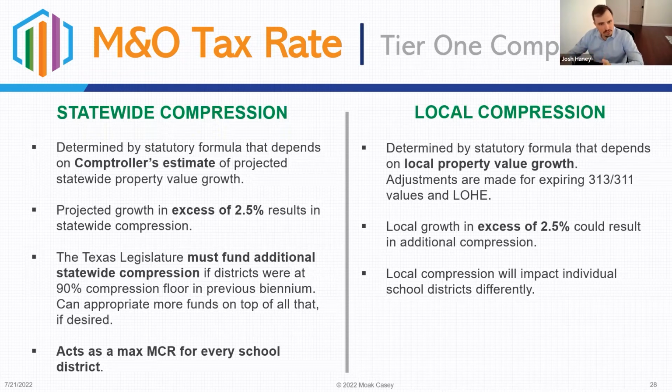But the way the statute's written, it's possible that you could have additional compression if your year-over-year value growth is north of 2.5%. And as y'all are aware, this local compression is going to impact each district differently. If your values are growing relatively quickly, your MCR may be different than your neighbors', because maybe their property values aren't growing at the same rate yours are.